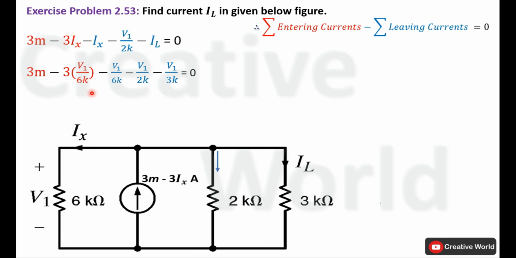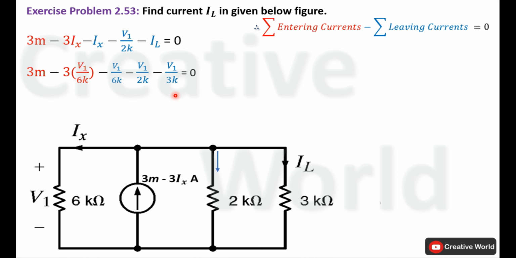Here we have replaced all variables with their values. Now only one variable is left in this equation, that is V1, so we can calculate it. If we calculate V1, then we will be able to calculate IL, which is equal to V1 divided by 3K.